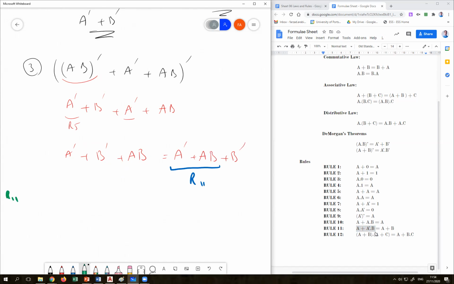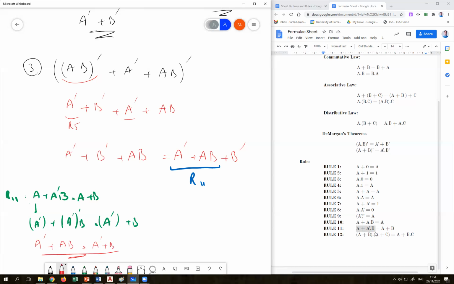Rule number 11 says that A plus A naught B is equal to A plus B. But here, instead of A, if you replace it by A naught, you get A naught plus A B is equal with A naught plus B. So it means that I only change the input. This is rule 11 that you can apply here.